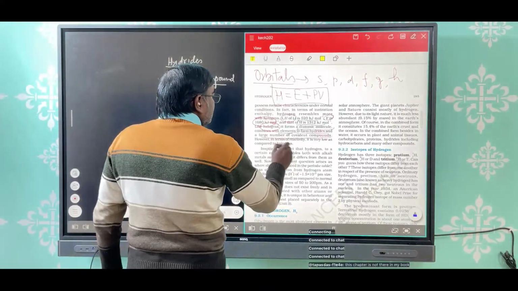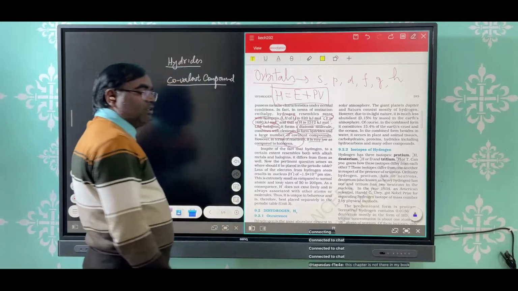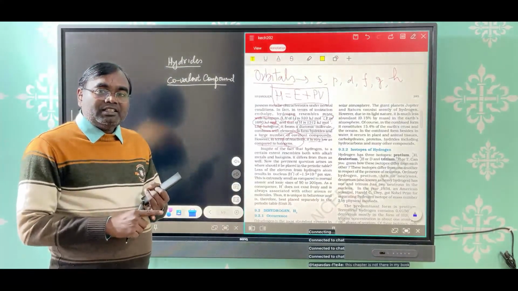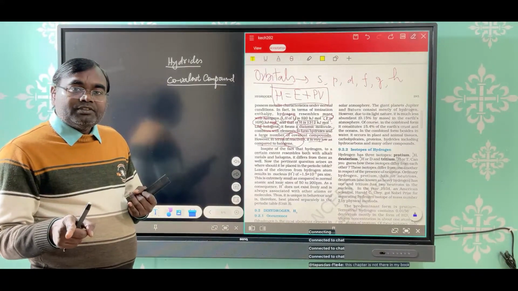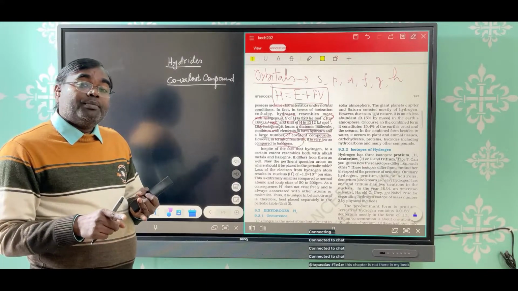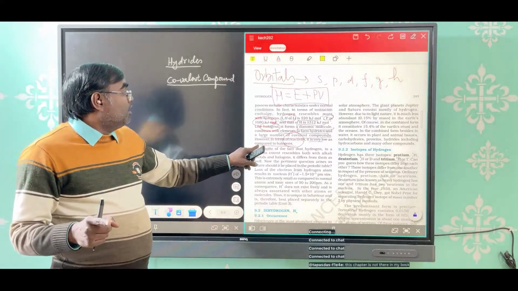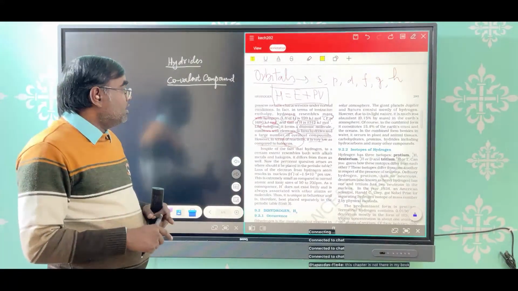But in terms of reactivity, hydrogen is very low as compared to halogens. So if we are comparing the reaction speed, that is the reactivity, halogens are more reactive than hydrogen, but alkalis are less reactive than hydrogen, right?